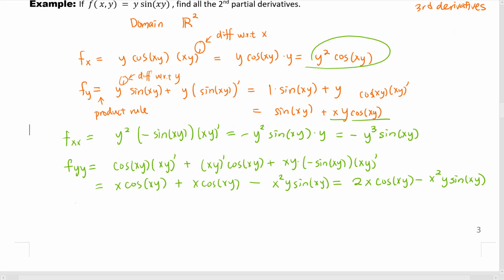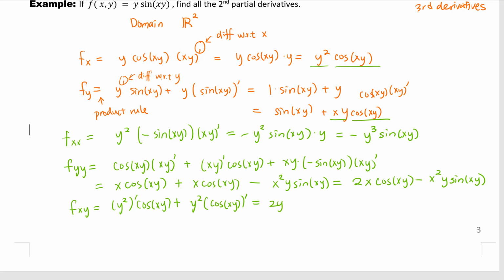How about fxy? It means we take the derivative of fx with respect to y. This is a product rule: (y squared)' cosine xy plus y squared times (cosine xy)'.